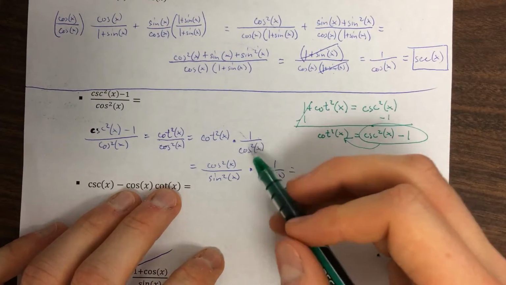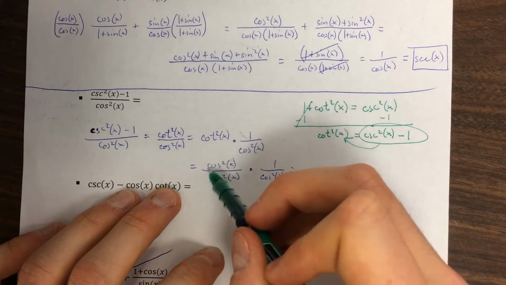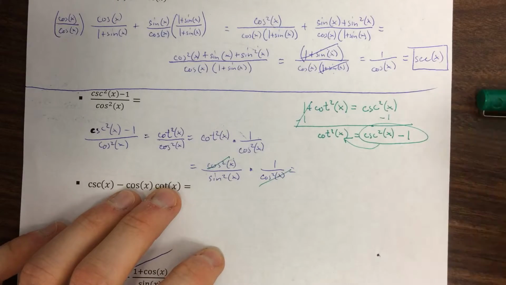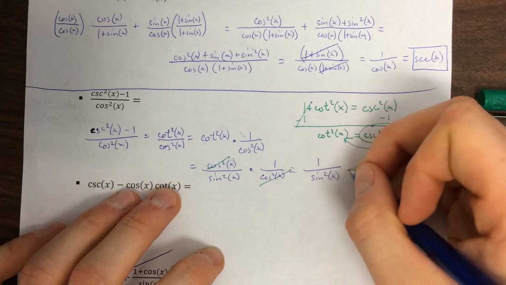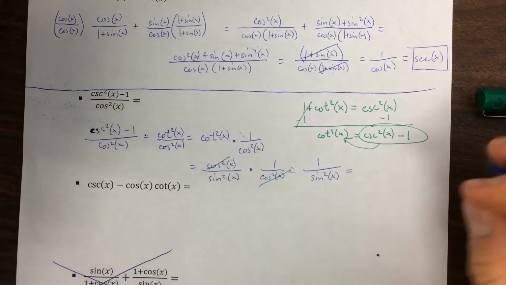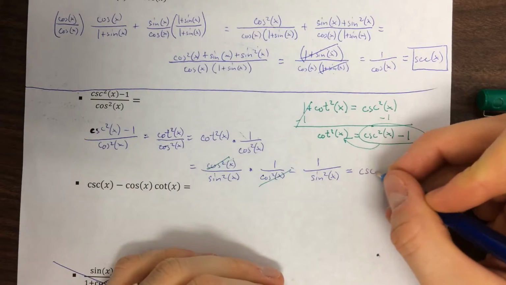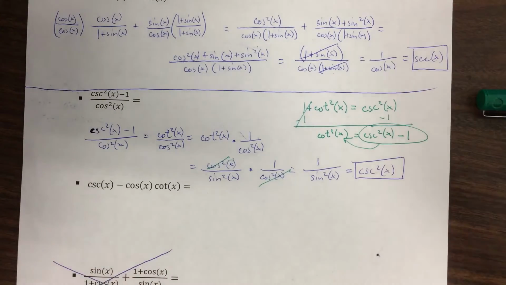Now what we should notice here is we have a quantity in our numerator and denominator. These would divide out and give us 1. And we're left with 1 over sine squared x. And really the reciprocal of sine is cosecant. So this becomes cosecant squared x. So that's what that would simplify to.